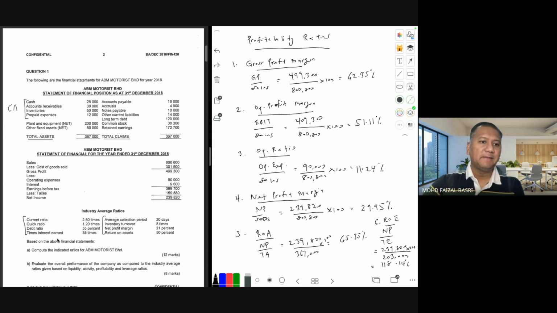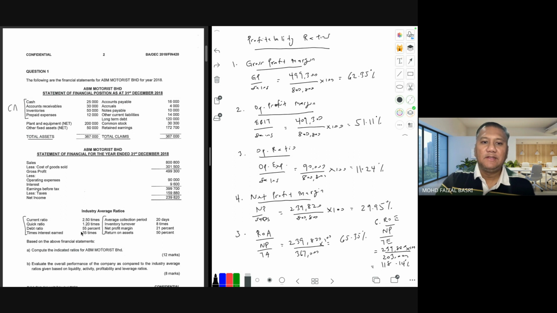So untuk final exam ni, memang selalunya dia akan keluar based on the 4 categories I mentioned so far. Kita ada again liquidity, leverage, activity and profitability. So during final exam memang 4 ni je. So from each category dia keluar dua ratio saja each one. So in total we have 8.